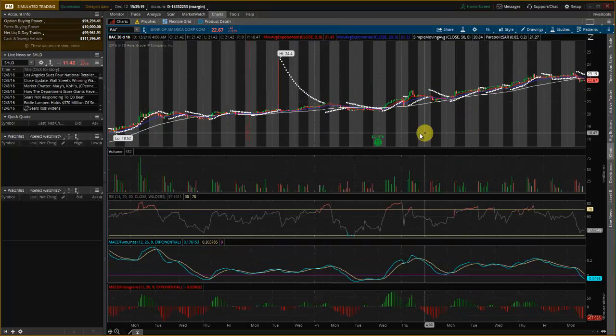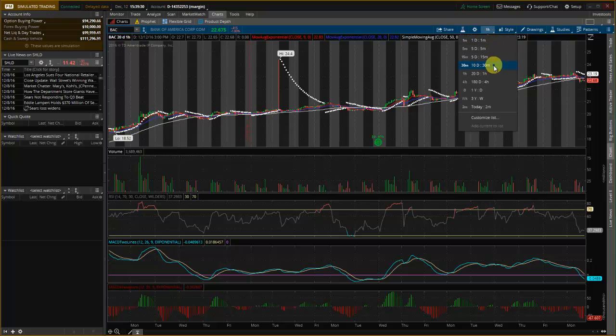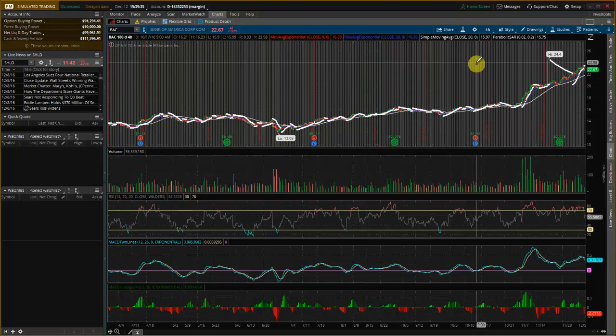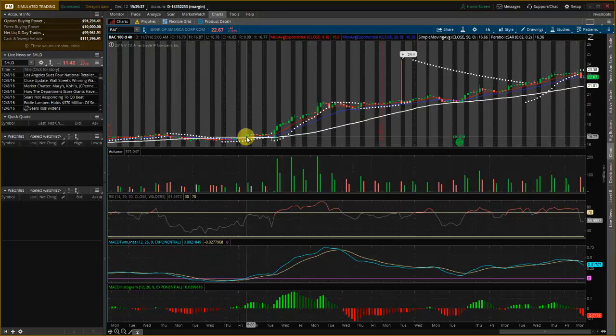As you can see, Bank of America has been moving up pretty slowly for quite a bit longer than 20 days. But let's look at the 180-day chart. And you can just see Bank of America has moved up quite a bit and really hasn't sold off any. And even today, this red candle is probably the most significant red candle Bank of America has had in quite a while.